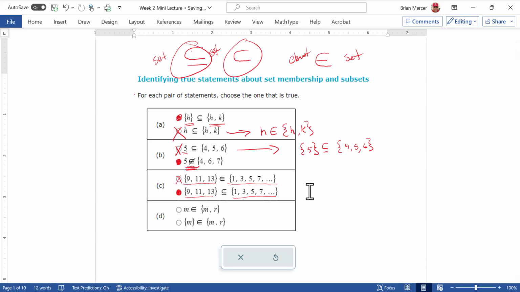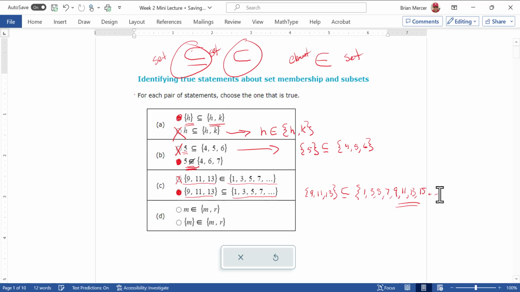This statement really says the set containing 9, 11, and 13 is a subset of the set containing 1, 3, 5, 7, 9, 11, 13, 15, 17. Since this goes on and on, there's the 9, 11, and 13 right here.